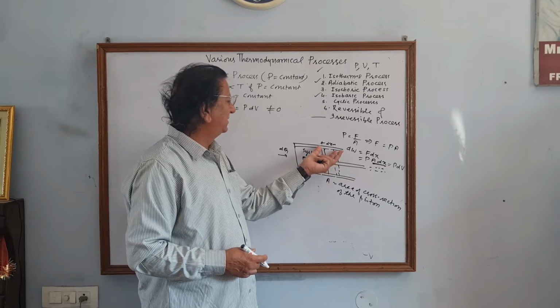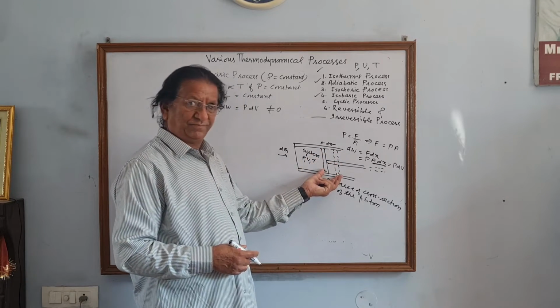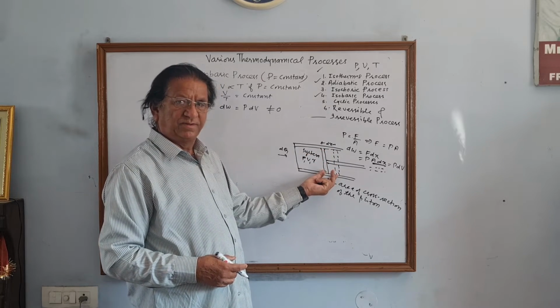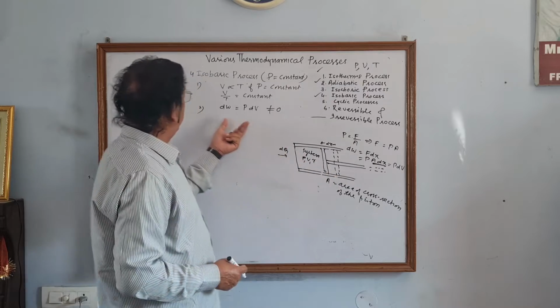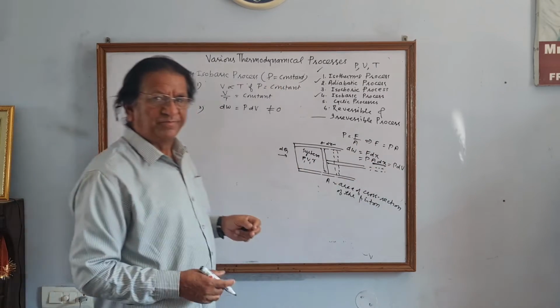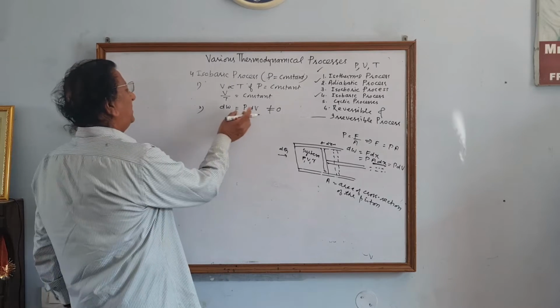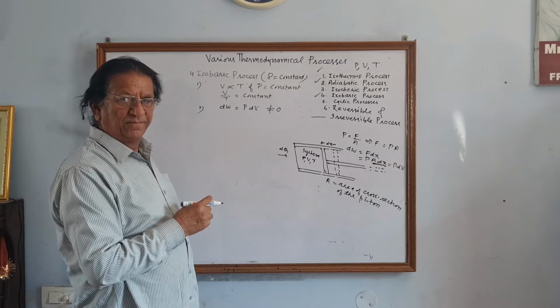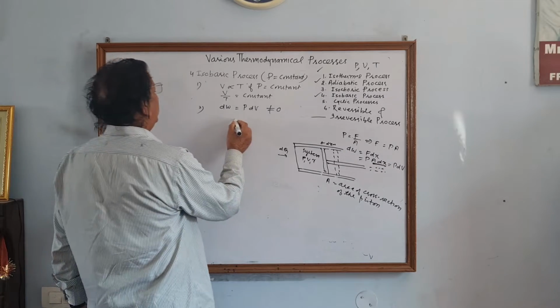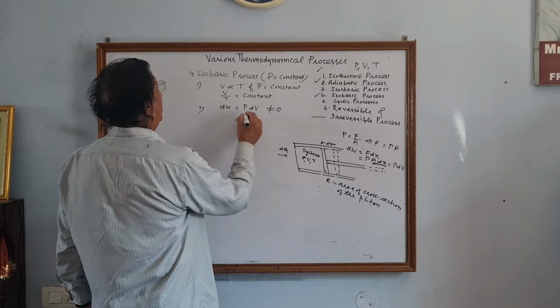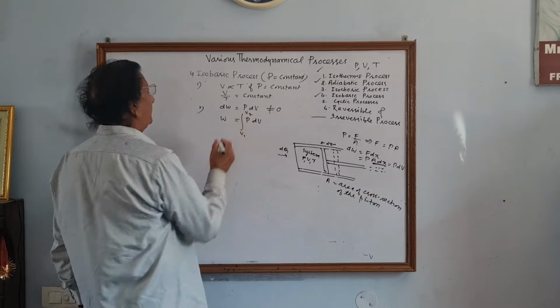So work done is P into dV. When there is a small increase in volume, small work will be done. And if there is a very large increase in volume, then you integrate from initial volume to final volume, and you will get the total work.